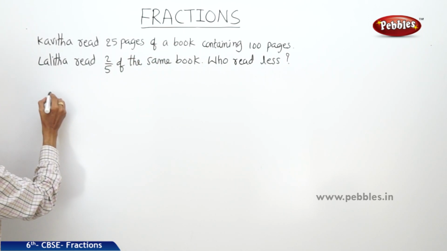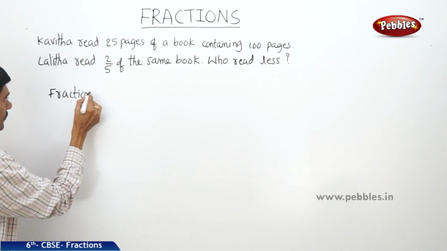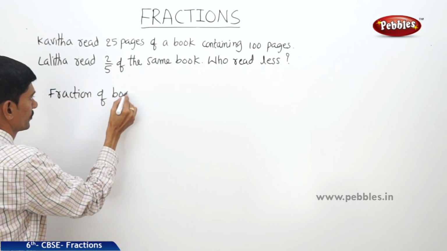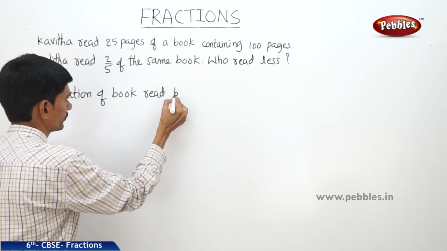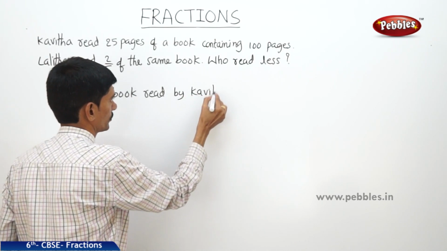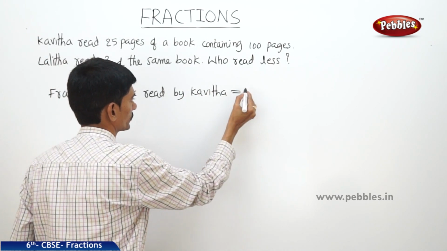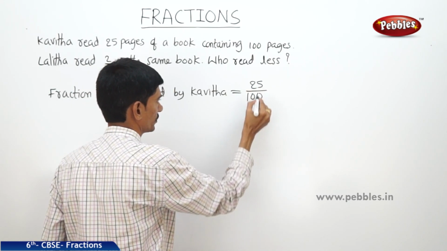So the fraction of the book read by Kavita equals 25 out of 100.